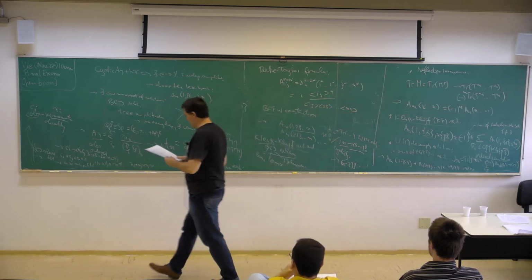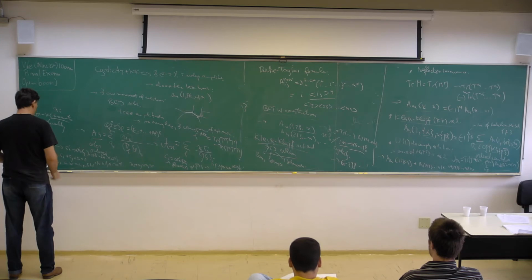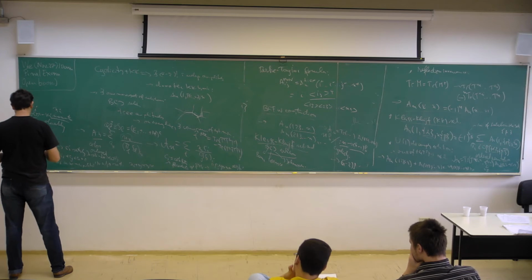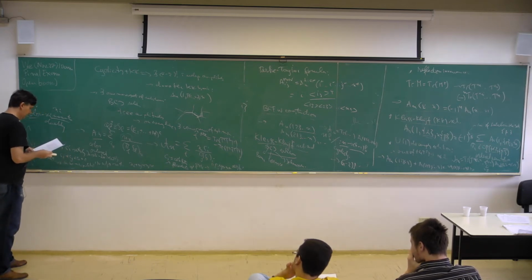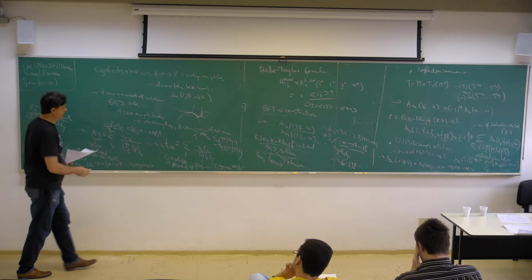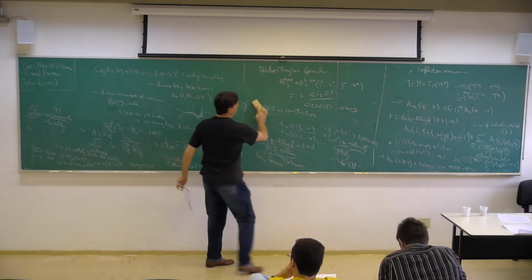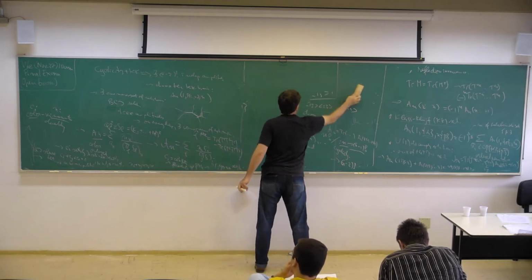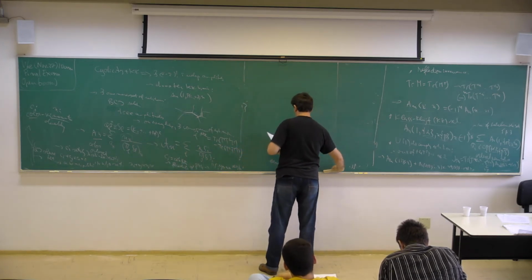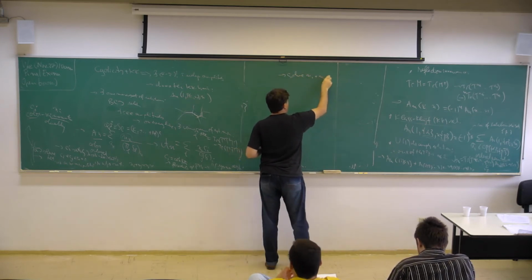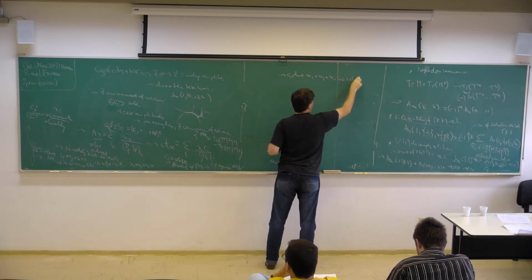So first we solve the Ni plus Nj plus Nk equals 0 relations.